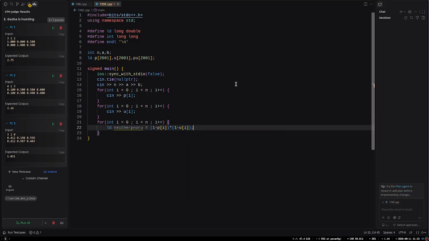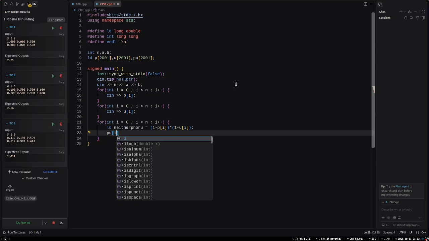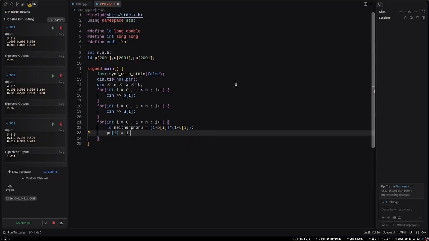This is neither Pokeball nor Ultra Ball, and PU of i is equal to 1 minus neither Pokeball nor Ultra Ball. This would be the probability. Okay.